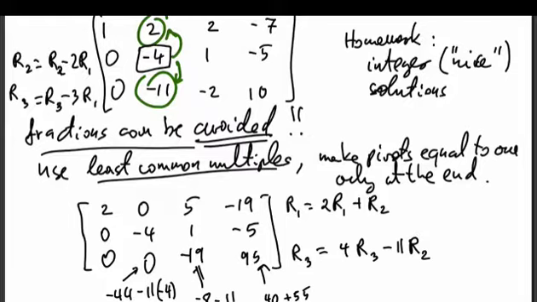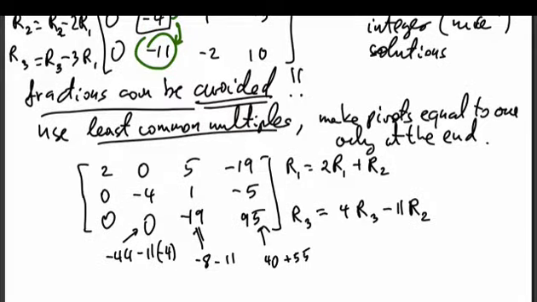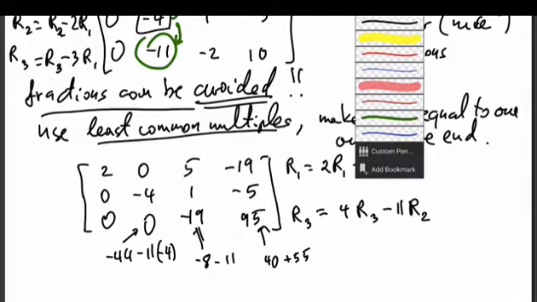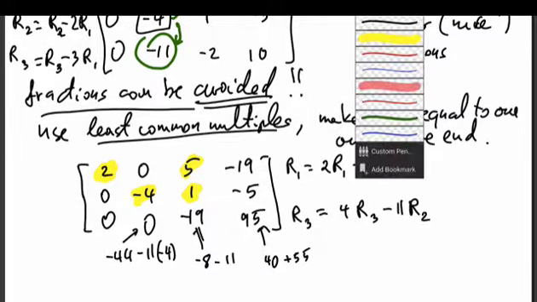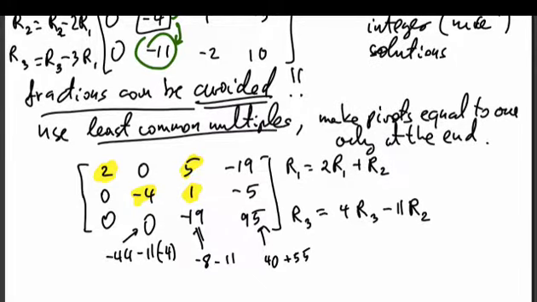So this is now 95. All right, so then I still don't want to divide to get ones in the pivots, because right now if I divide by 2 to get 1 here, I would get 5 over 2. That's not good. Also, I will get minus 4. To get 1 here, I would have to divide by minus 4, and then I would get 1 over minus 4, which is not a nice number to carry around.